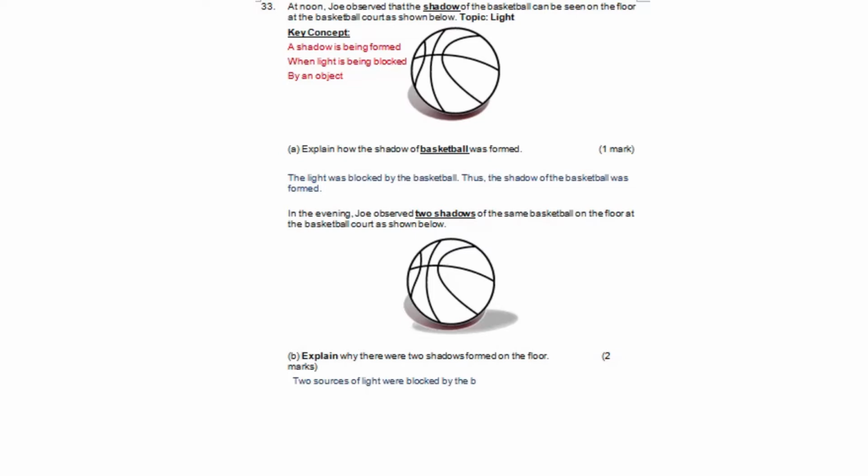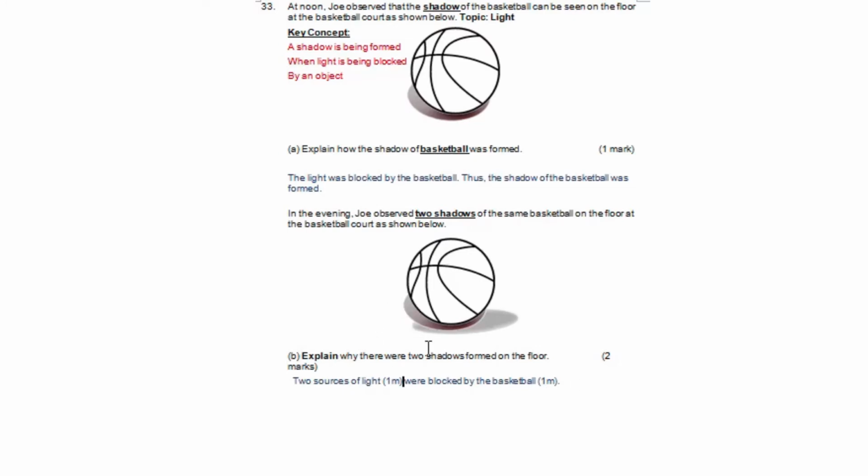Again, referring back to the basketball. Okay, so it's the light that's being blocked by the basketball. And this one, you get 1 mark. However, now you are supposed to explain. See, I've already highlighted the word explain. So because of that, your two sources of light here will give you 1 mark and were blocked by the basketball is another 1 mark.